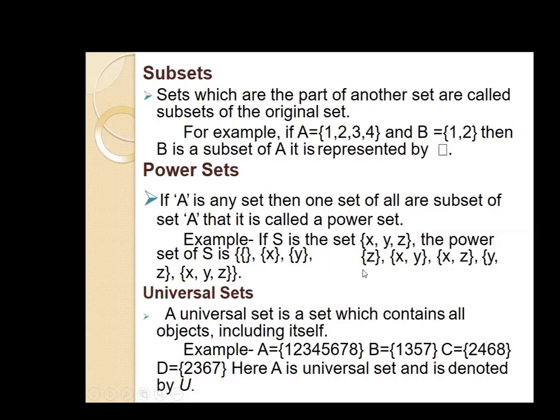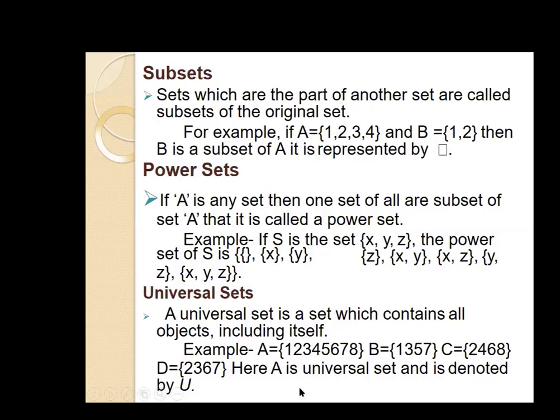Then we make the pairs like X and Y, then X and Z. Then another possible pair is Y and Z, and in the end the same set X, Y, Z. So how many subsets come in this set? 1, 2, 3, 4, 5, 6, 7, 8. So this makes the power set, right?